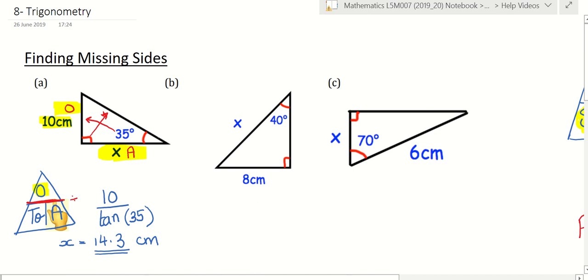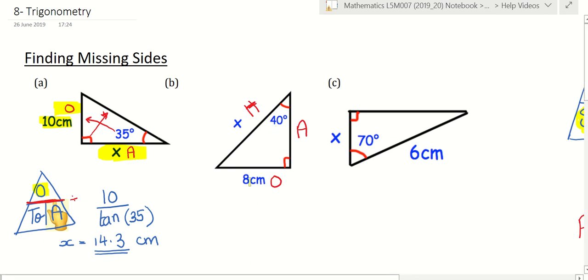Right, well, I'm going to look at the second triangle, and my first step always is to label. So the one opposite the right angle is H. The one opposite the angle 40 is opposite, which means that the remaining side is the adjacent, it's A. Then I have to look and see which two sides I need.